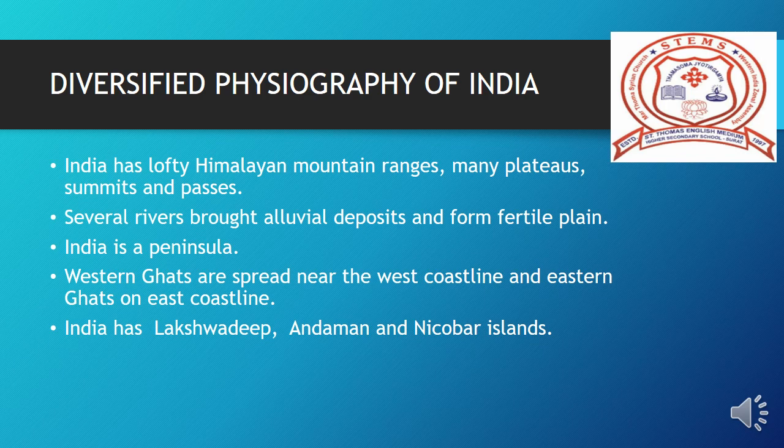Western Ghats are spread near the west coast, and Eastern Ghats are spread on the east coastline. India also has the islands of Lakshadweep and Andaman Nicobar. Thus, India has a very large and diversified physiography.